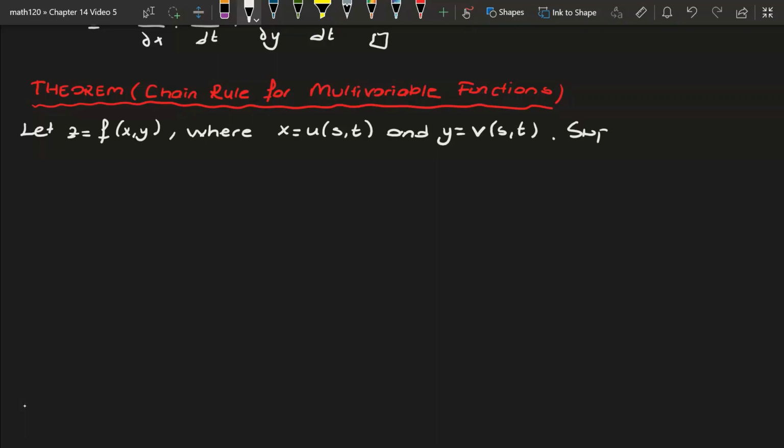Suppose u of a b, the value of u at (a,b), is p, and the value of v at (a,b) is q.